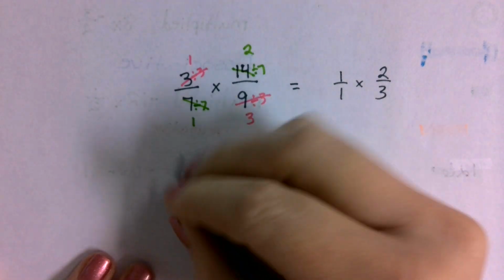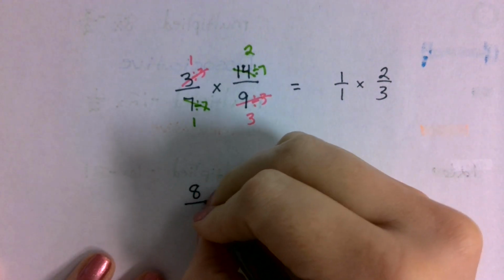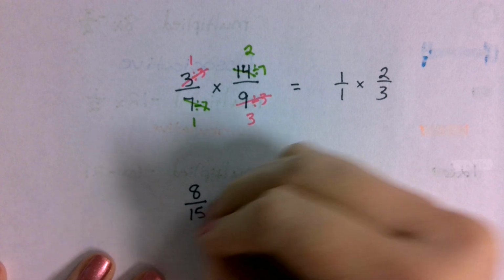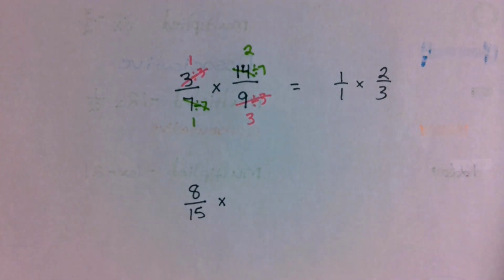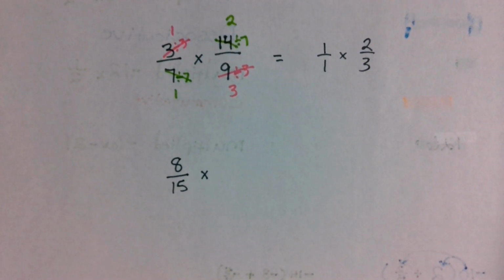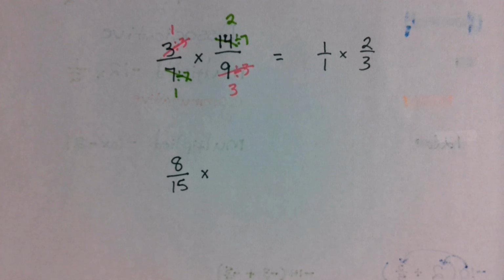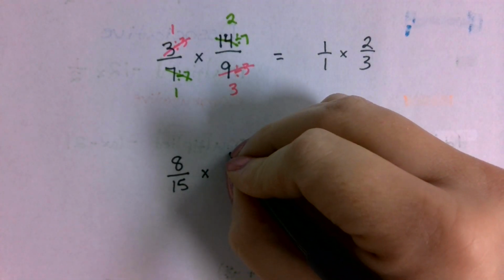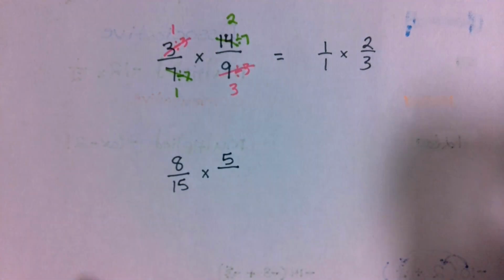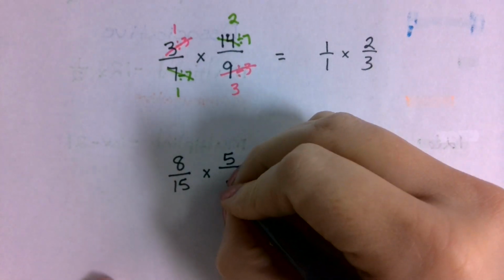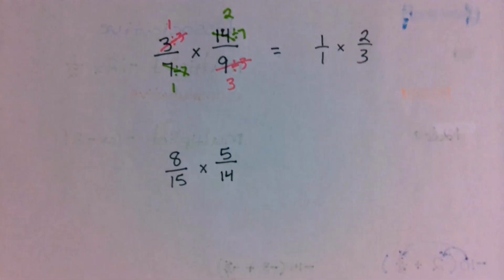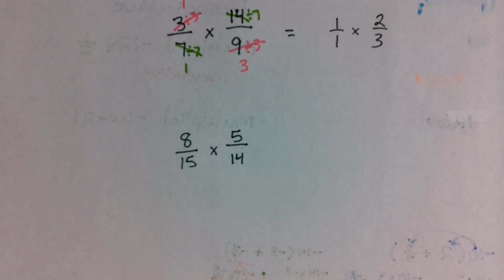Let's say that we have 8 over 15, and I want to multiply it with, we'll say, 5 over 14. Okay, 8 over 15 times 5 over 14.